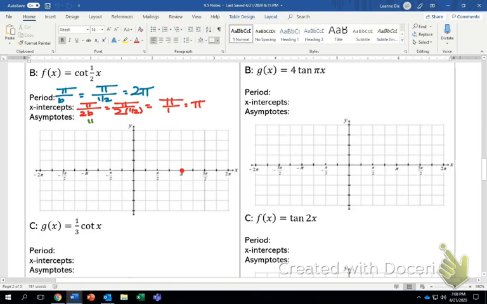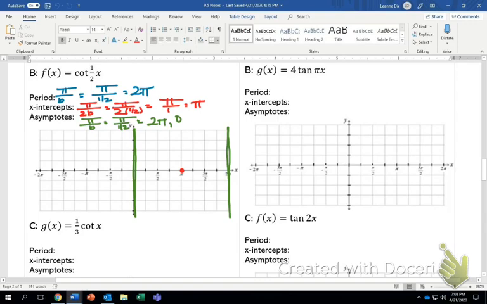Pi over b is our asymptote, and so we plug in that 1/2 again. Our asymptote is going to be 2 pi. So I'm going to go ahead and put my asymptote lines on 2 pi and 0.